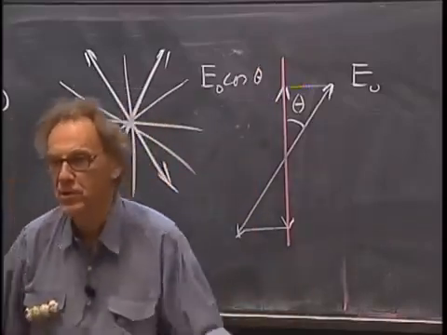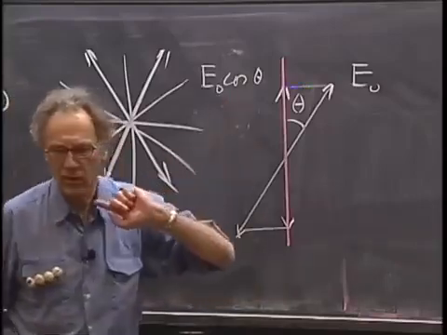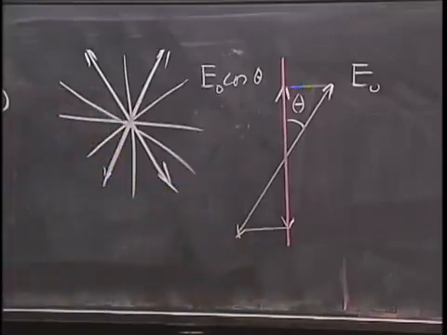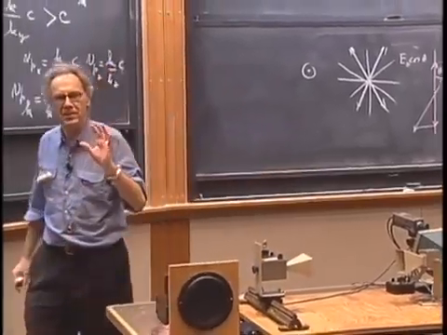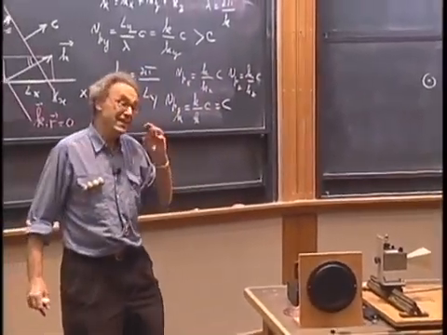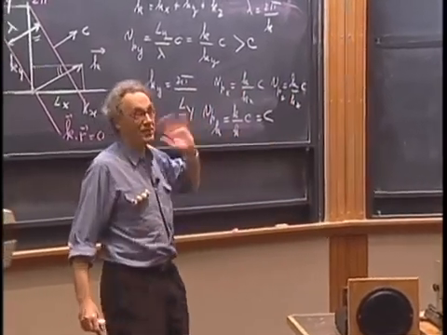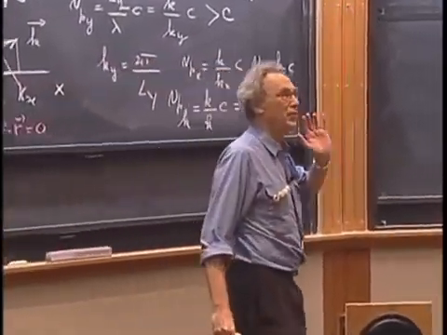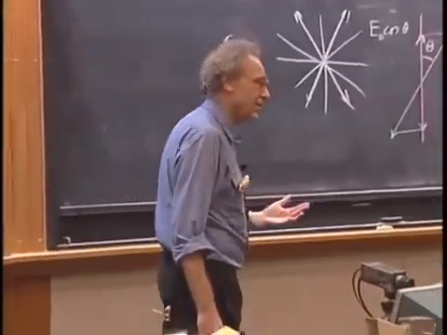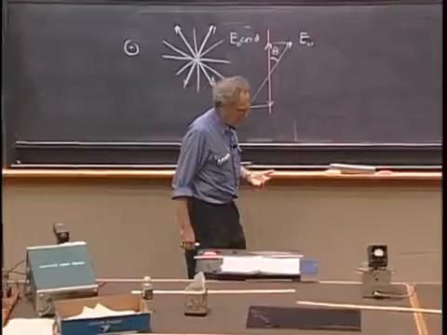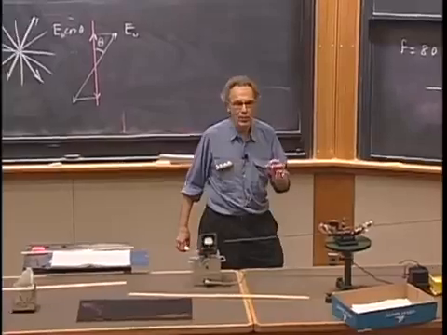Now comes the question, if there is a reduction of the cosine of theta in the E field, what is the reduction in light intensity? Well, light intensity means energy. And energy is always proportional with the square of the amplitude. If that doesn't convince you, next Tuesday we will talk about the Poynting vector.